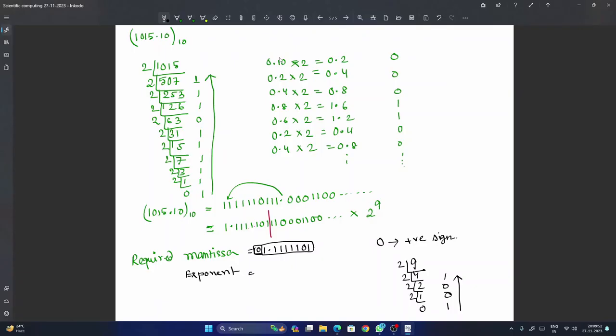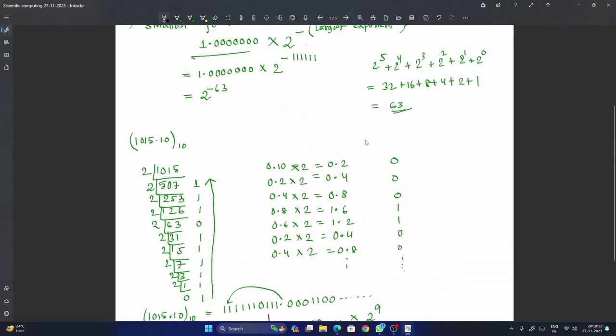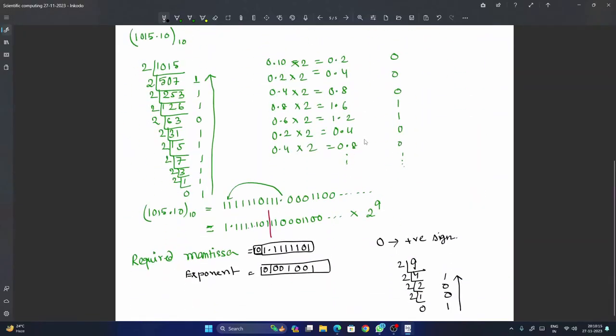The exponent is also saved with a positive sign, so 0 for the sign bit, and after that the 6 bits for the exponent value, 0 0 1 0 0 1, so that is the value. So 6 bits and 1 for the sign, that is the mantissa and exponent stored by the machine for this 1015.1.